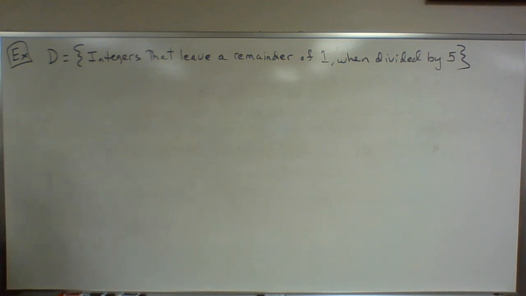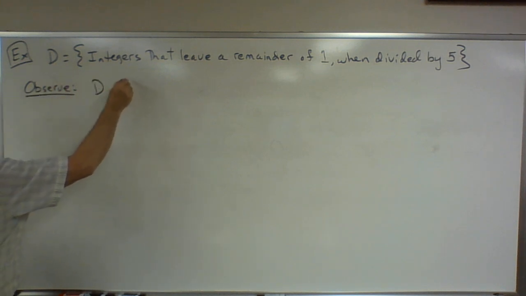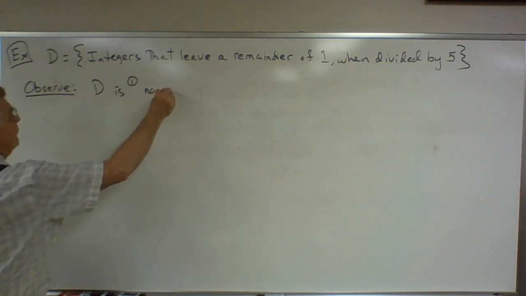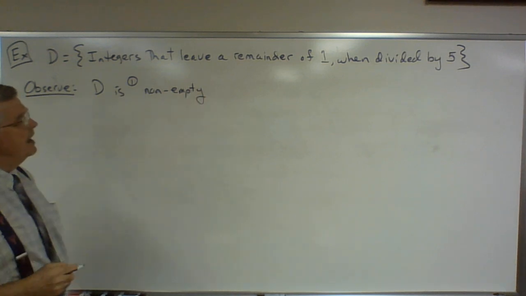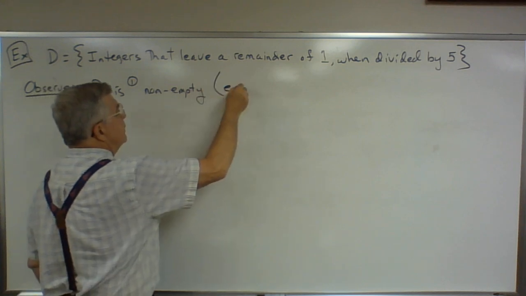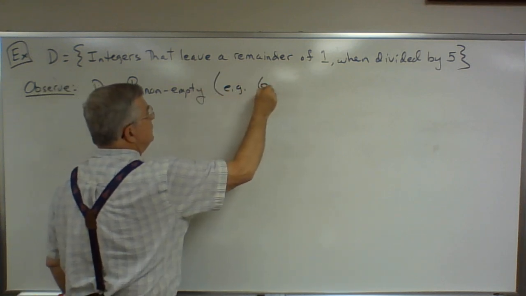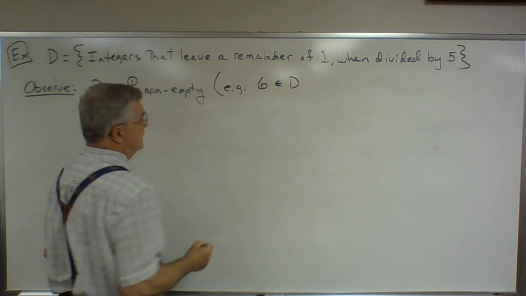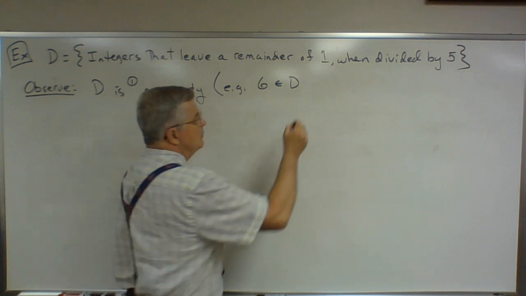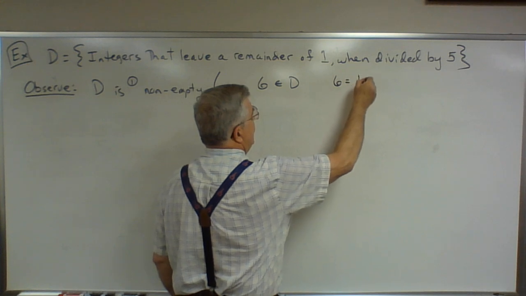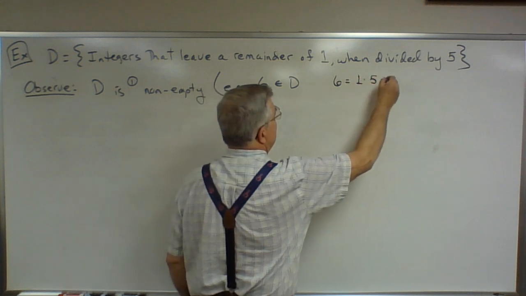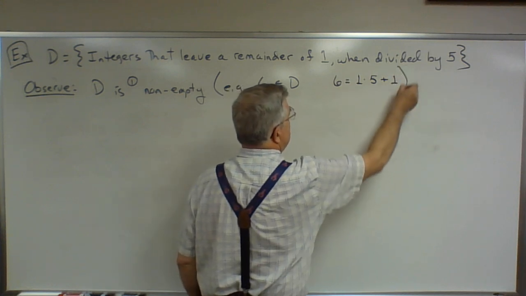So, does the well-ordering principle apply? D is a non-empty set. For example, 6 is a member of D. And we'll recognize that 6 equals 1 times 5 with a remainder of 1.